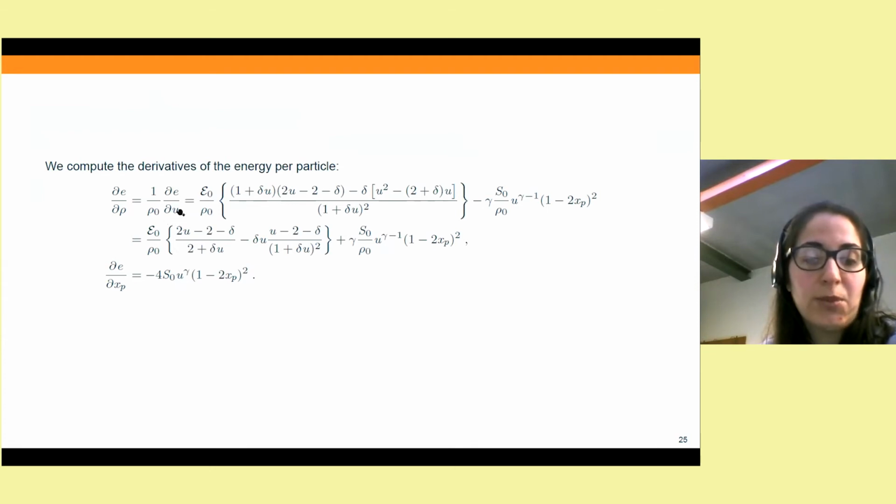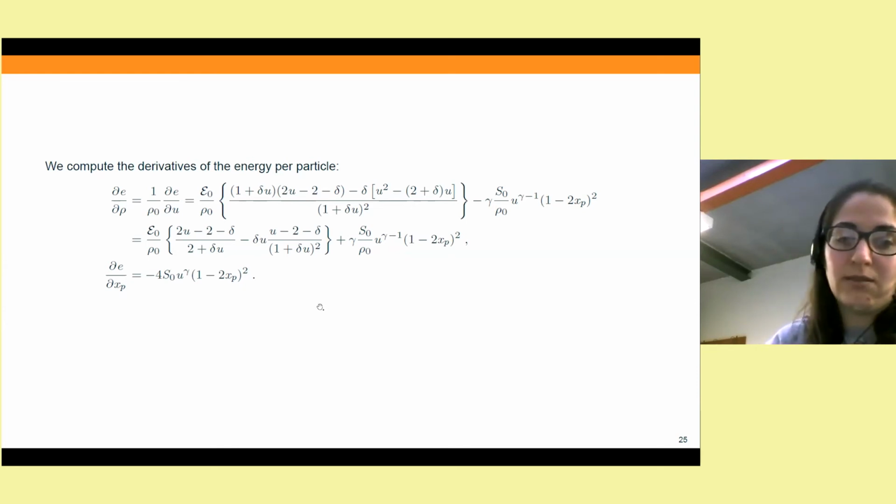The expression that we are given depends on U, so we do the derivative with respect to U, and we get these expressions here, okay? You can try to do it yourself and you'll see that you should get these expressions here.